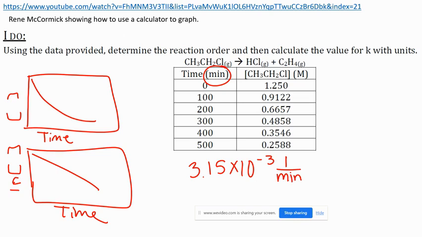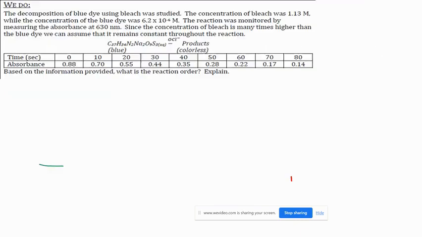All right. Then you were supposed to do the next one. You had a video to watch for that. They told us on here, we're trying to figure out what reaction this is, and we've just been given data. So again, you can plot this into your calculator.